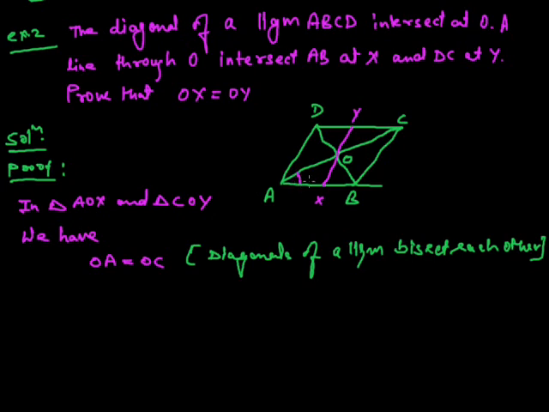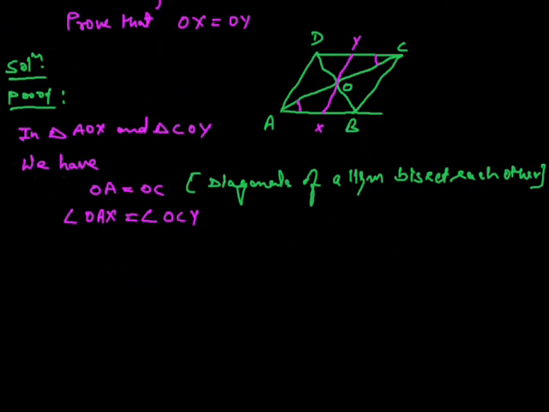Angle OAX is equal to angle OCY. Why are they equal? Because in a parallelogram opposite sides are parallel, and they are alternate angles. Alternate angles.